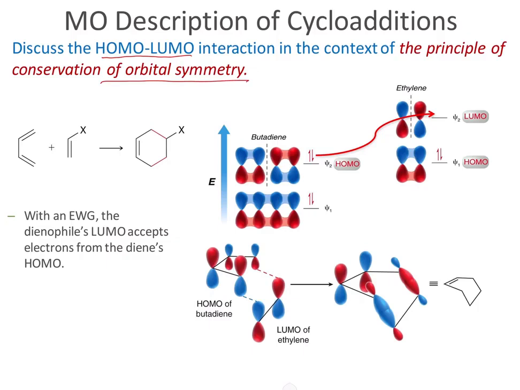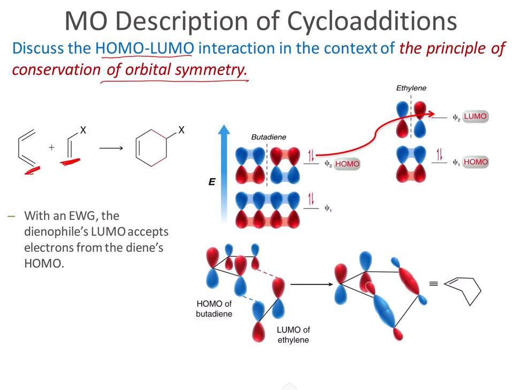The way we need to do it, we know that the LUMO, that is lowest unoccupied, the dienophile is the one that needs to accept the electrons because it is the one that's electron poor. So it must accept an electron from the diene.